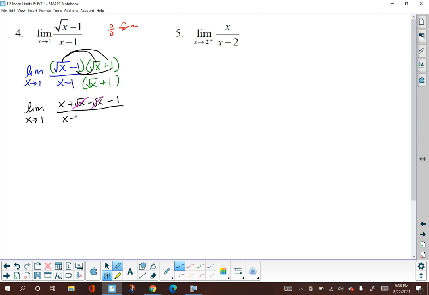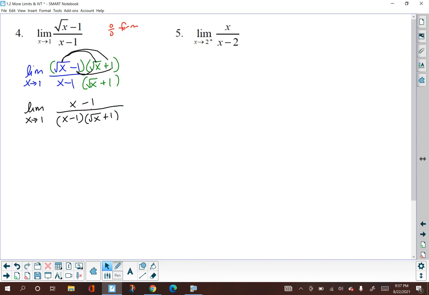I'm not going to multiply out the denominator, and the reason I'm not is because since this canceled out in the middle, I'm going to go ahead and erase it so that you can see it better. But since that canceled out in the middle, all I have is an x minus 1.